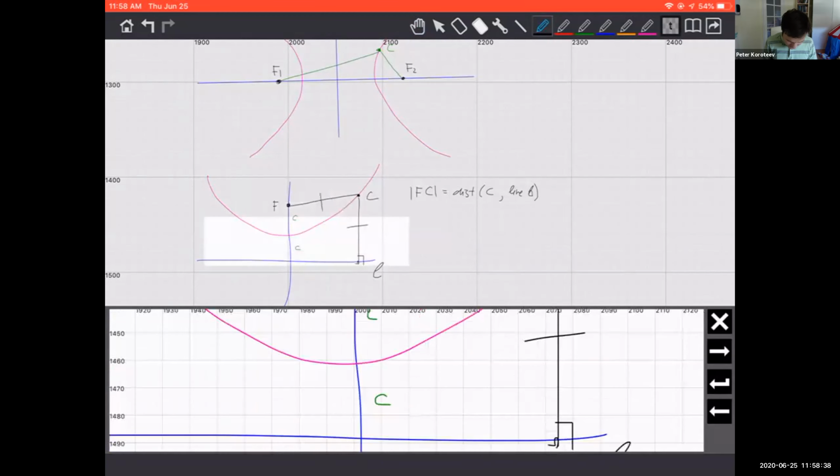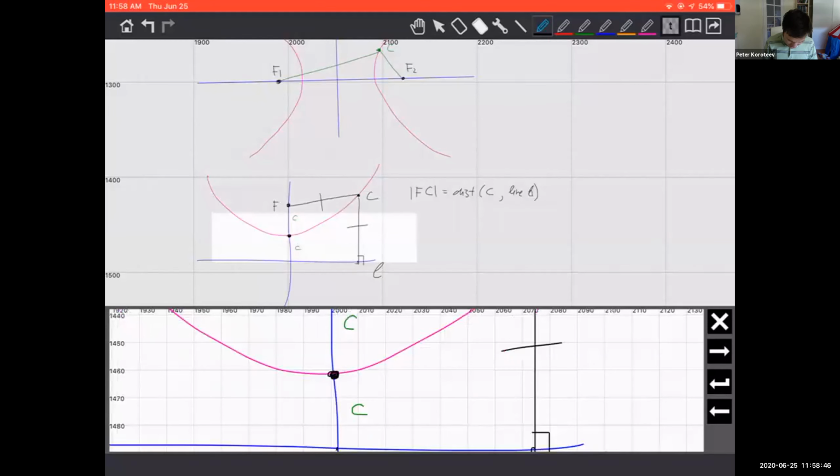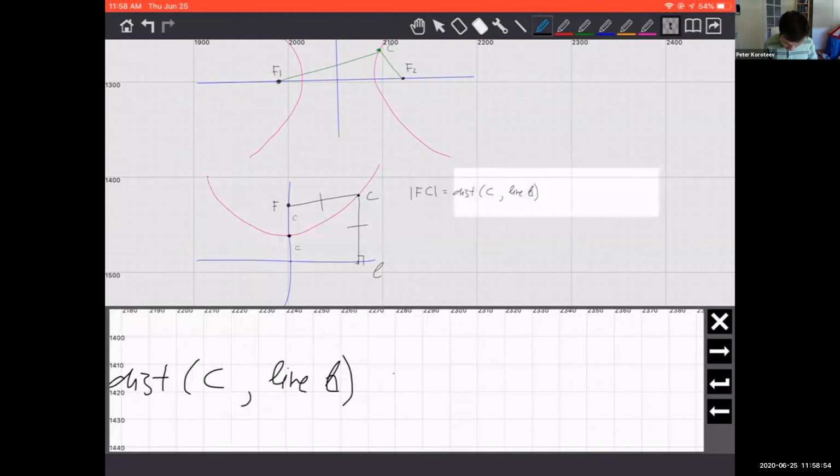In particular, the distance from the focus to the bottom, the minimum of the parabola, should be equal to the distance from this bottom to the line. The minimum of the distance is called C. Okay, good. So that's it for today.